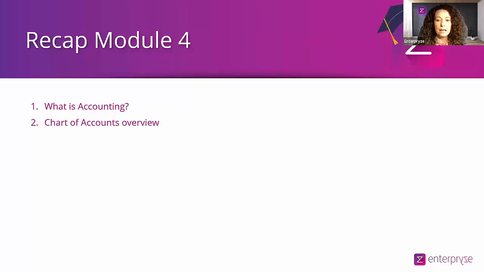We looked at the chart of accounts, so how you define and structure what the accounting module is going to look like. That's really where everything resides, in terms of the drawers where information gets posted directly and automatically from your transactions on sales and purchases, from expenses, and of course from the banking payments.